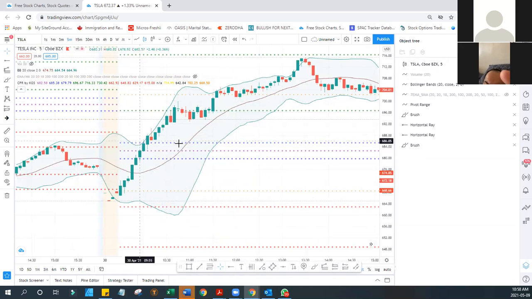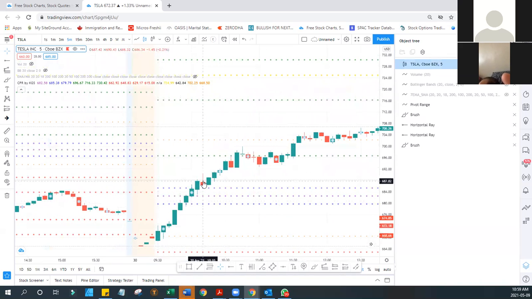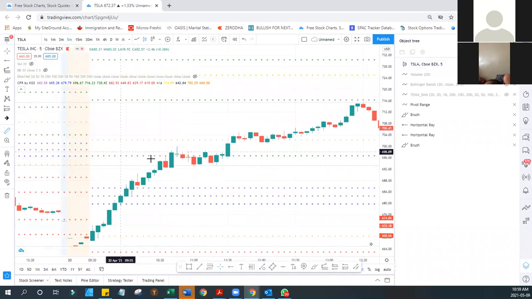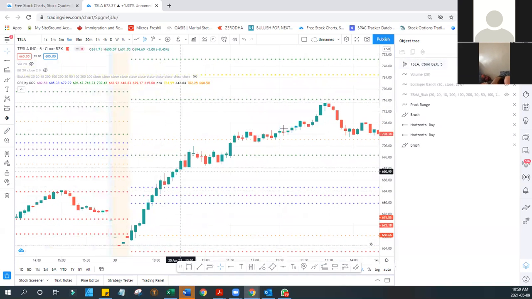Once it breaks the upper, like this CPR, either you can take a trade here or here, doesn't matter. Your first target will be like 1%. And then once it breaks the previous day's high, you can go one more time with an entry for the second target.